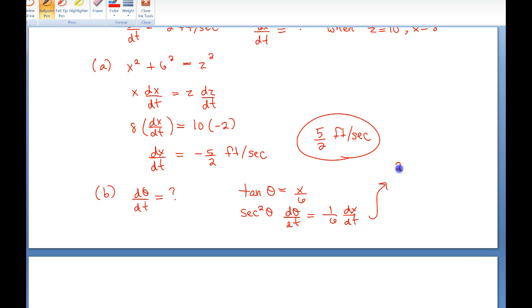And what's dx dt? Didn't we just find out dx dt was negative 5 halves? Yeah. So solve for d theta dt.